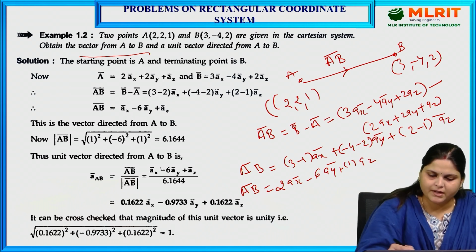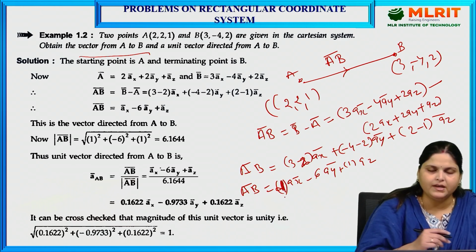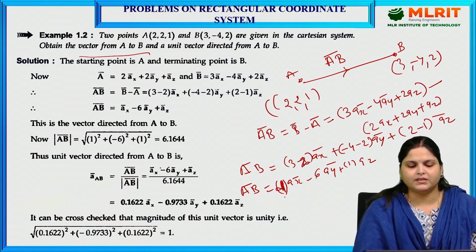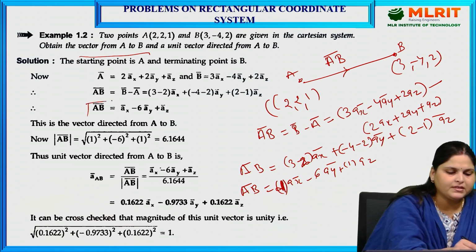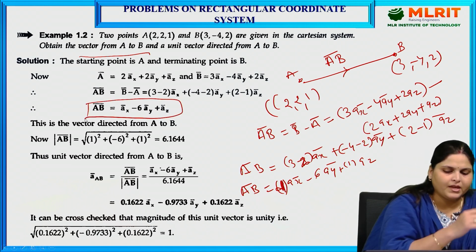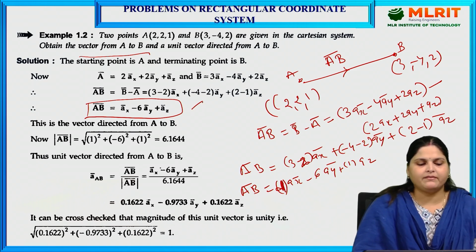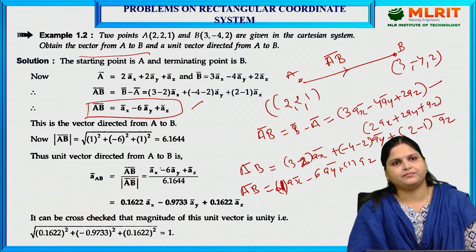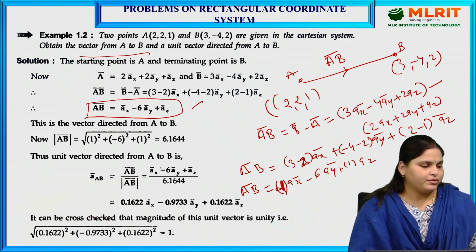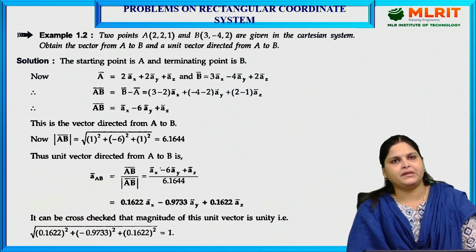I wrote the first term wrongly earlier; this is 3 minus 2, so 3 minus 2 is 1ax. So finally, the equation we are getting is AB is equal to ax minus 6ay plus az. So this is our vector AB.